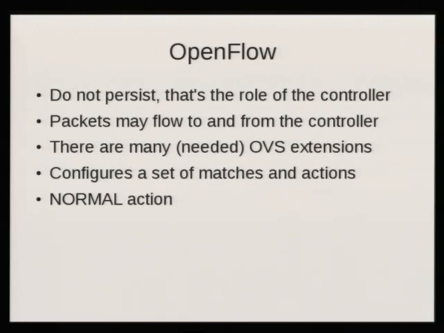Basically, OpenFlow allows you to configure a set of matches and actions. So for a given packet that matches that given flow, you're going to execute some actions. And one of the funniest actions there is the normal action, because the OpenFlow specification does not tell much about what you're supposed to do with the normal action.